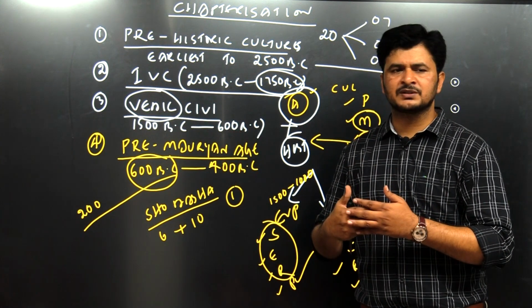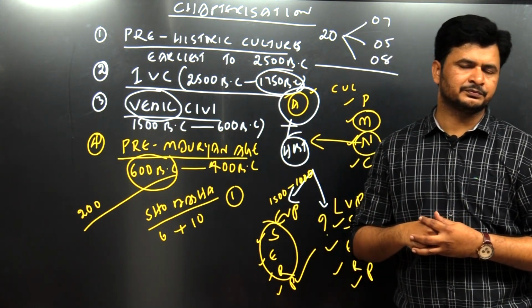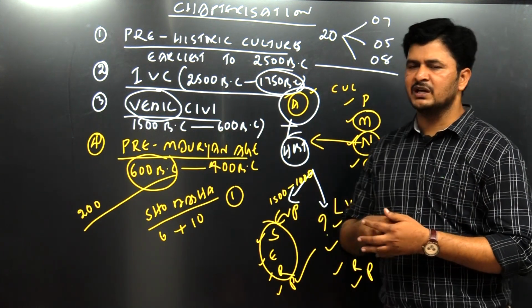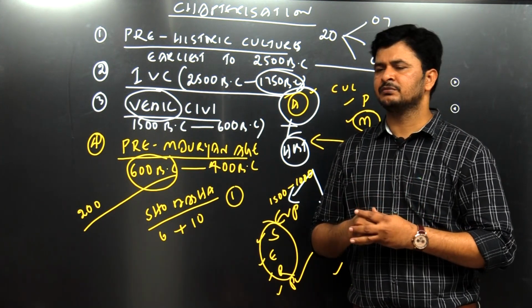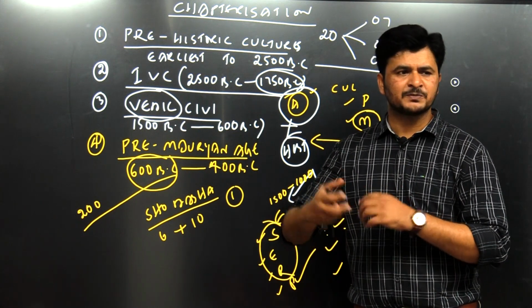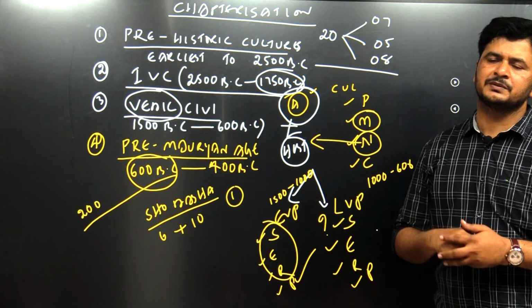We'll also discuss what the sects in Buddhism and Jainism were, on what basis these sects emerged, and how they were responsible for the decline of the respective religions.